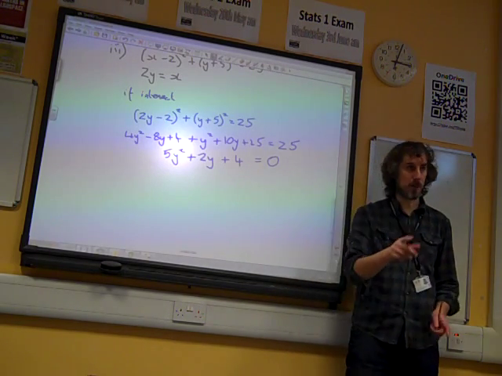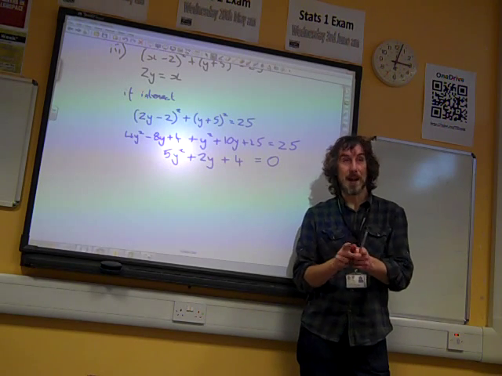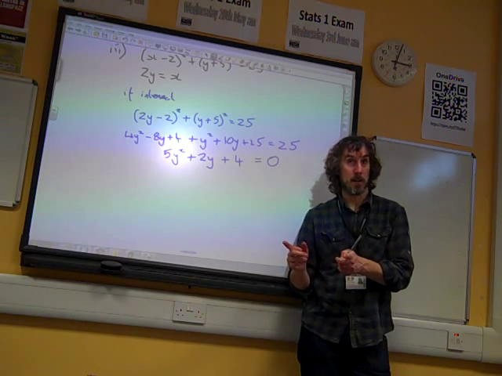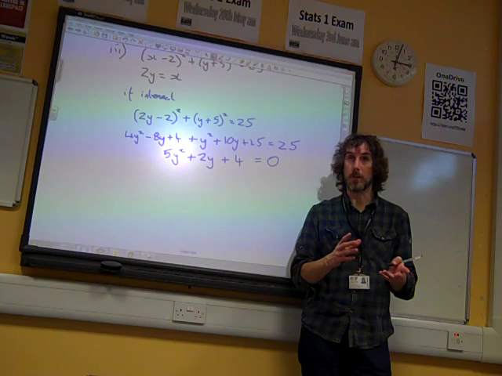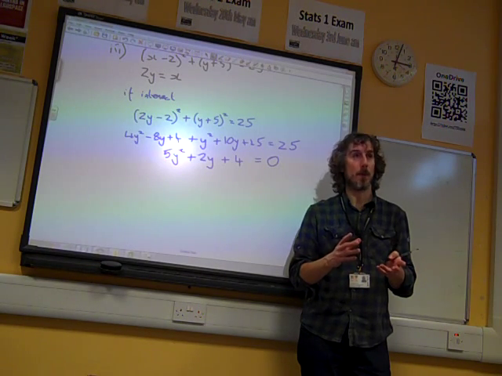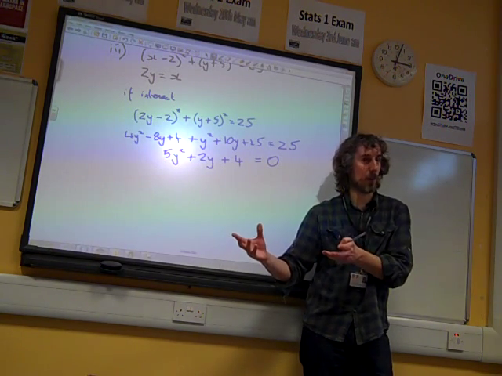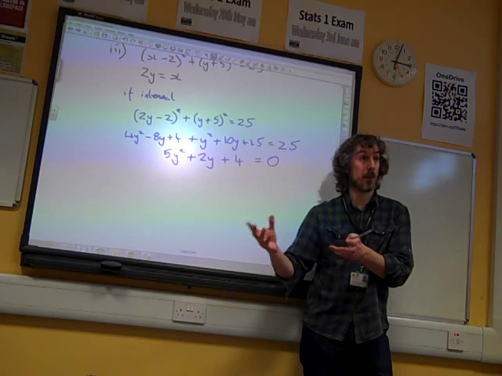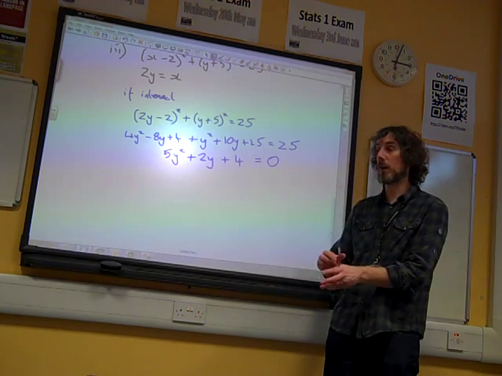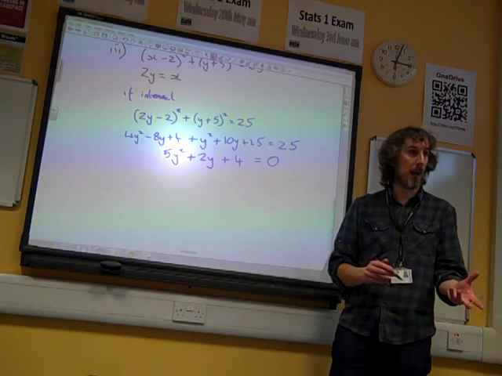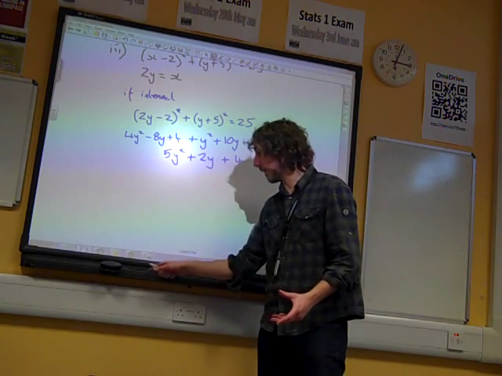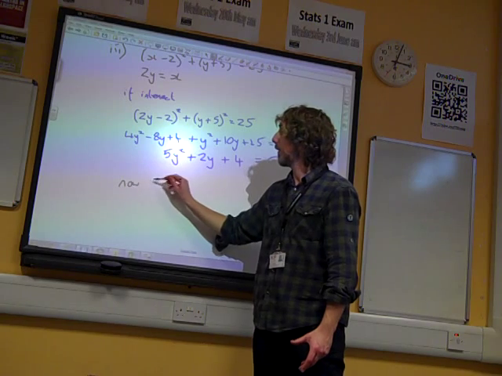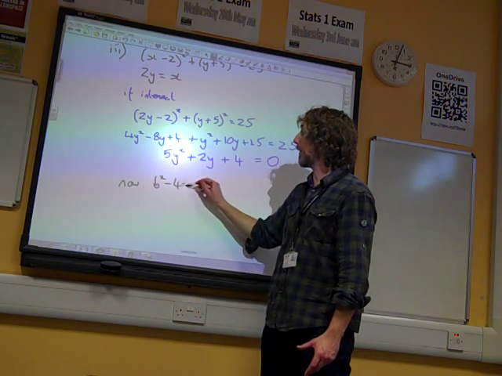Now let's be smart about this. We know where this is heading. This is heading for not having any real solutions, and the thing that we know about there being no real solutions is all to do with the discriminant, b squared minus 4ac. So let's check what happens with b squared minus 4ac.